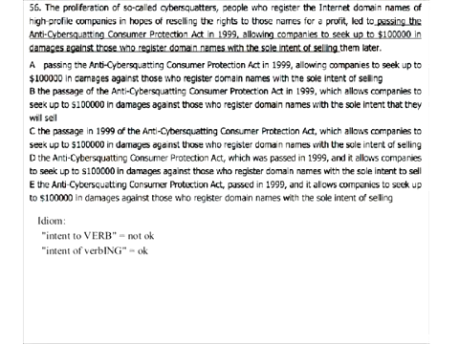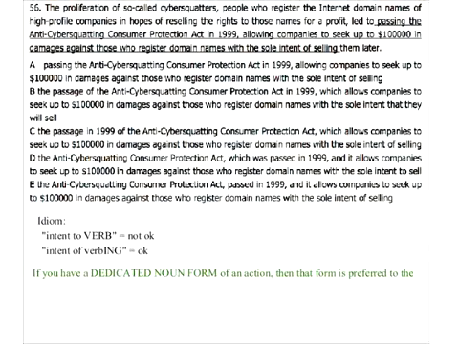Finally, the whole idea of passage versus passing. I mean, if you have a dedicated noun form of an action, then that form is preferred to the "-ing" form if you have a choice.